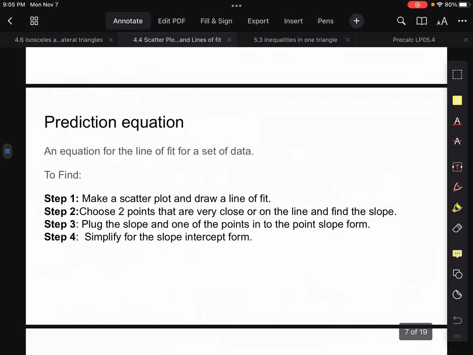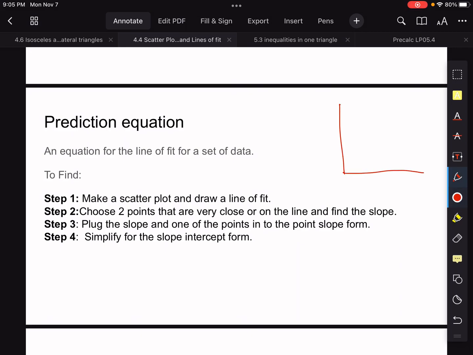So a prediction equation. Here's the big idea: if you get a trend happening and you have all this data here, I'll just draw a positive correlation. And then I draw a line through the data, as best I can, a straight line like that.